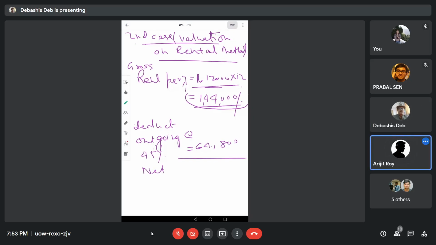So now net return. How much is it coming? 1,44,000 minus 64,800. It is 79,200.